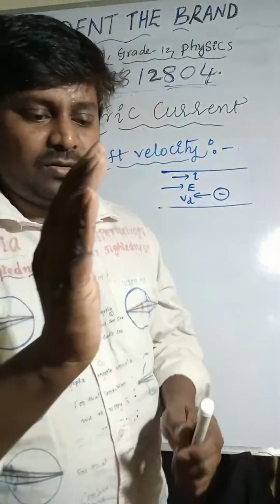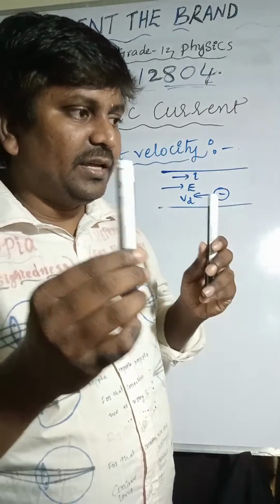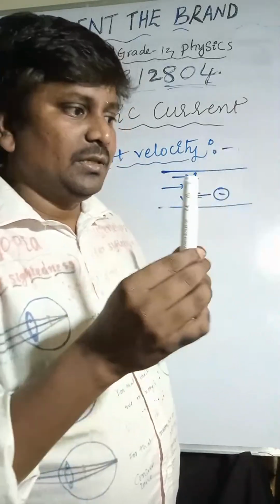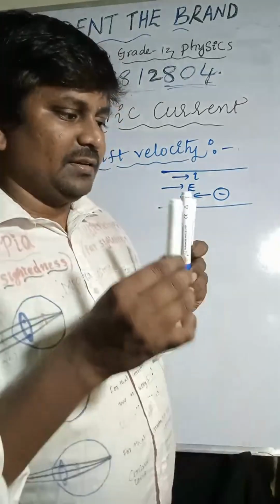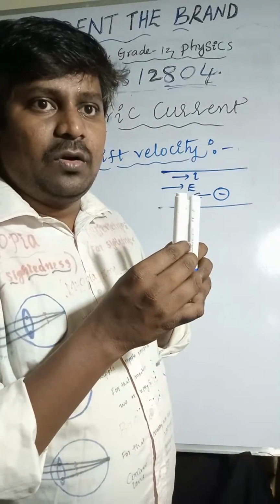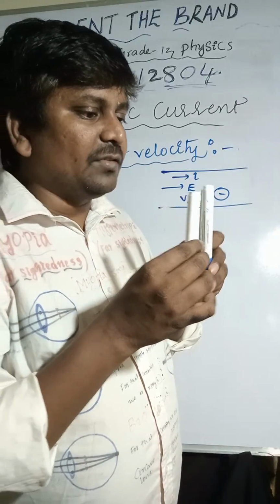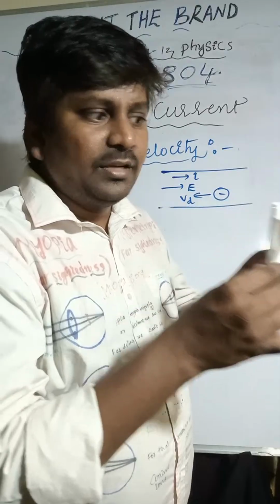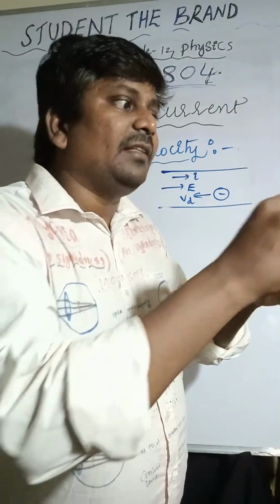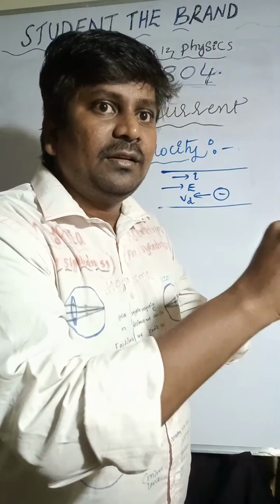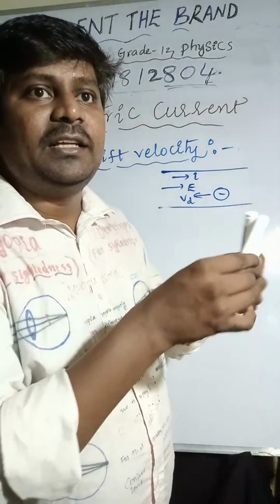Here you can observe this one electron, this one electron, moving in a bit of the same direction. This electron will hit this electron and move like this, and after hitting, it will go and hit another electron. Keep on, collisions will take place.